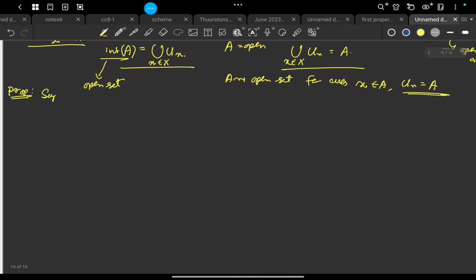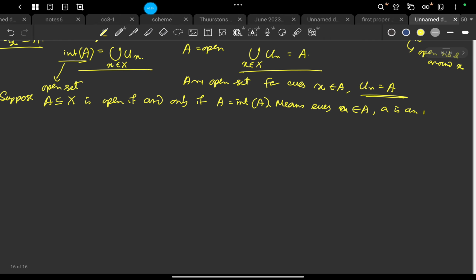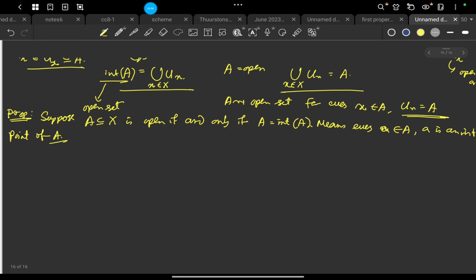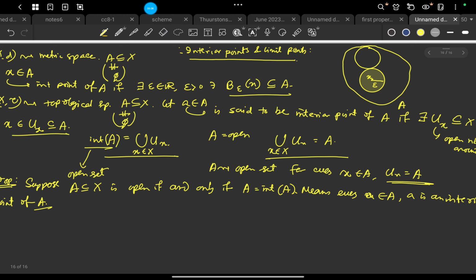So there is a proposition that implies the above result. It says that suppose X is a topological space, a subset A of X is open if and only if A is equal to the interior of A. Means every small a belongs to A, small a is an interior point of A. That means if you have this A, you can cover this A with such open balls.